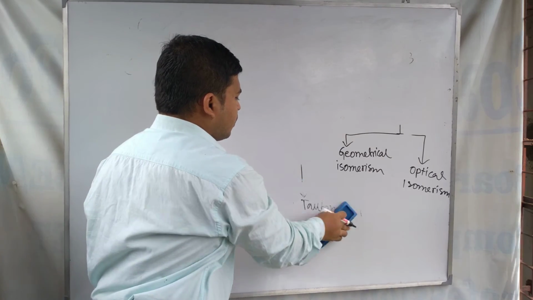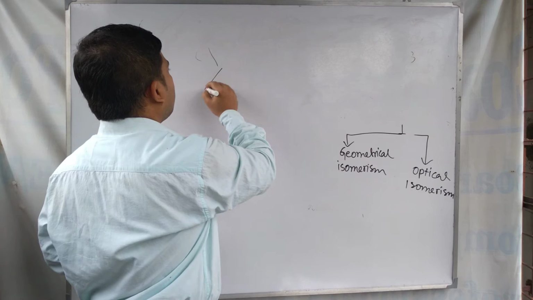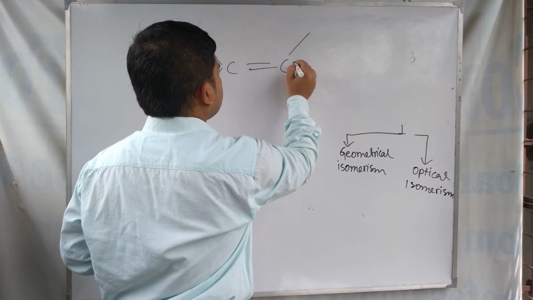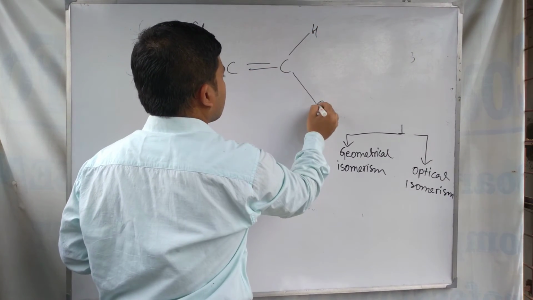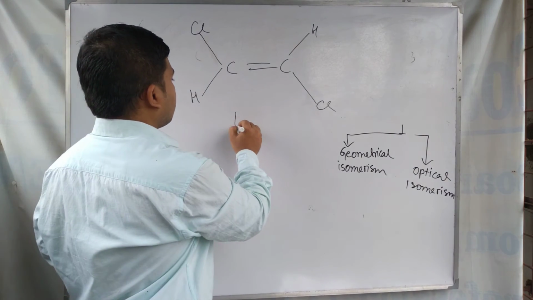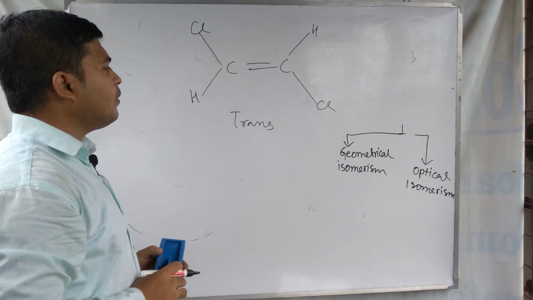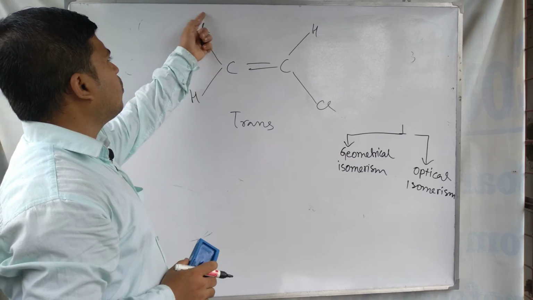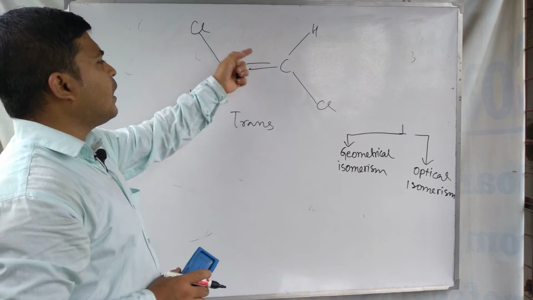Next, we discuss geometrical isomerism. This one is called the trans isomer, because the two higher priority groups on both sides of the carbon are on opposite sides.